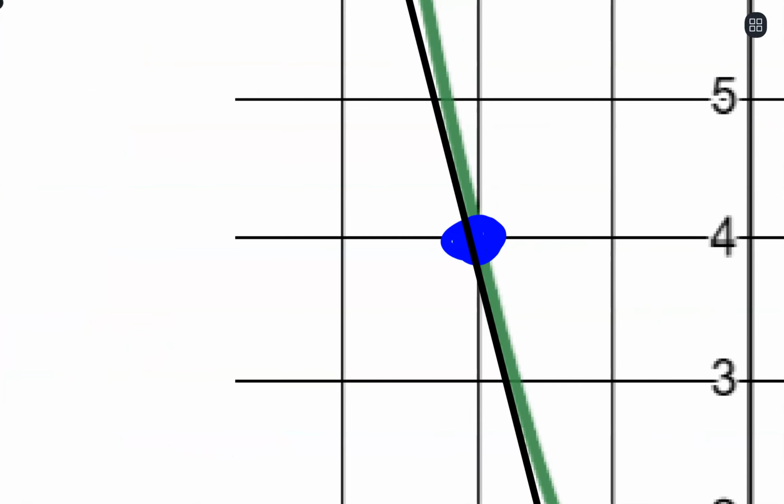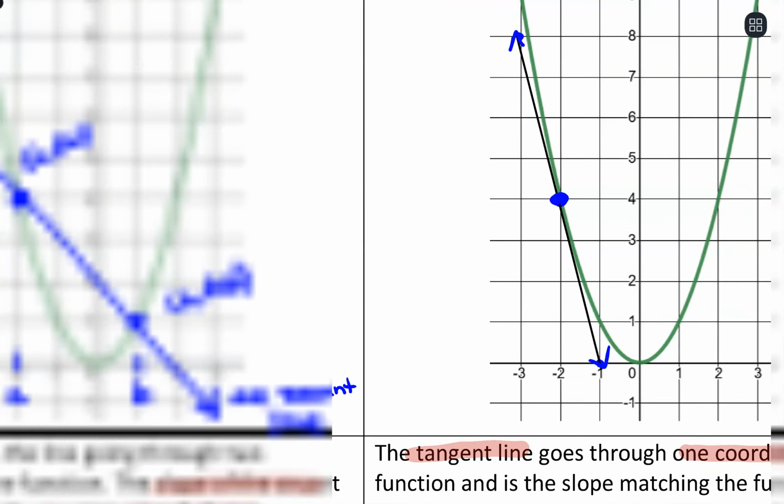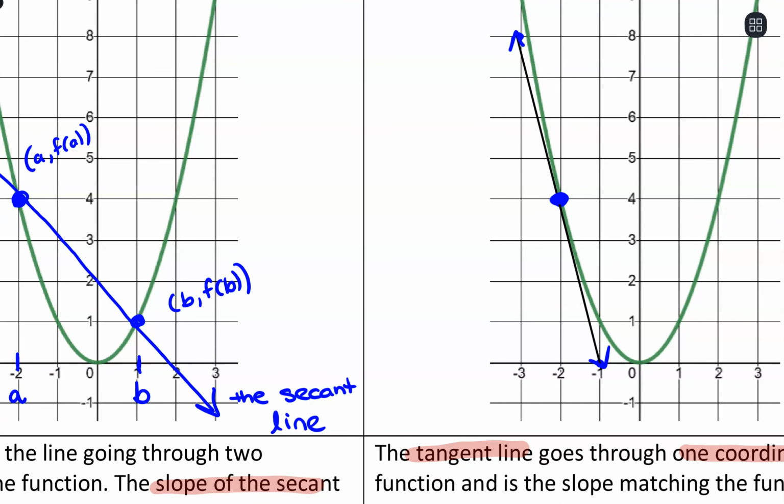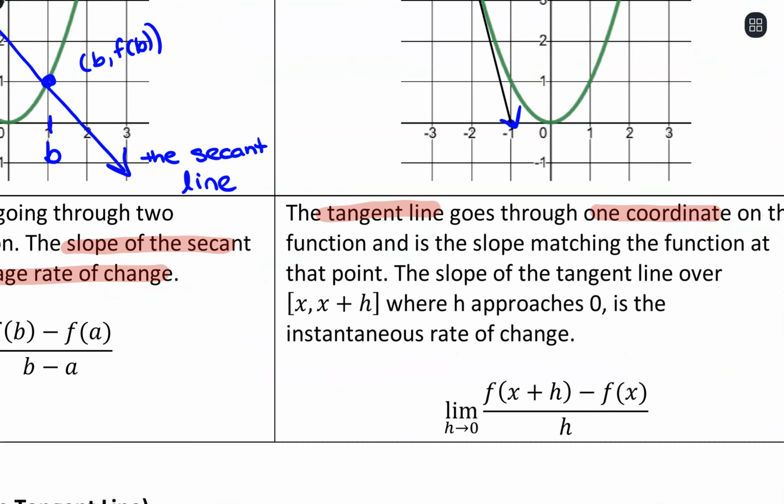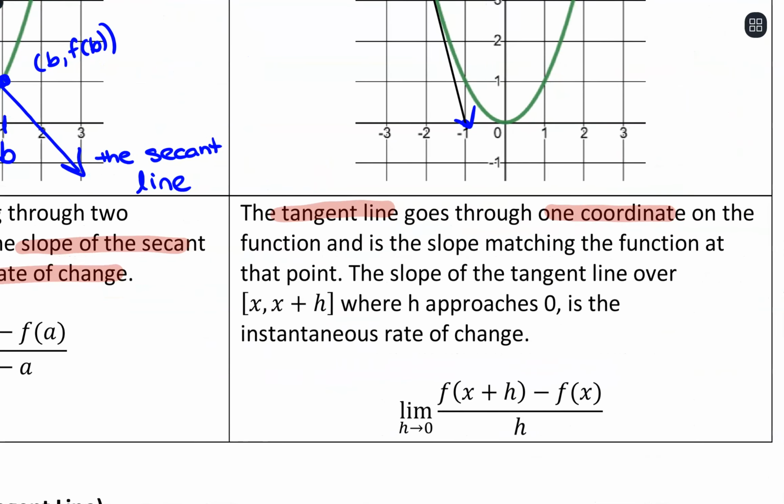The line goes through that coordinate right there, and it's matching the slope right at that point too. So we're getting this tangent line. That's what we're graphing here. And the slope of that tangent line is our instantaneous rate of change.